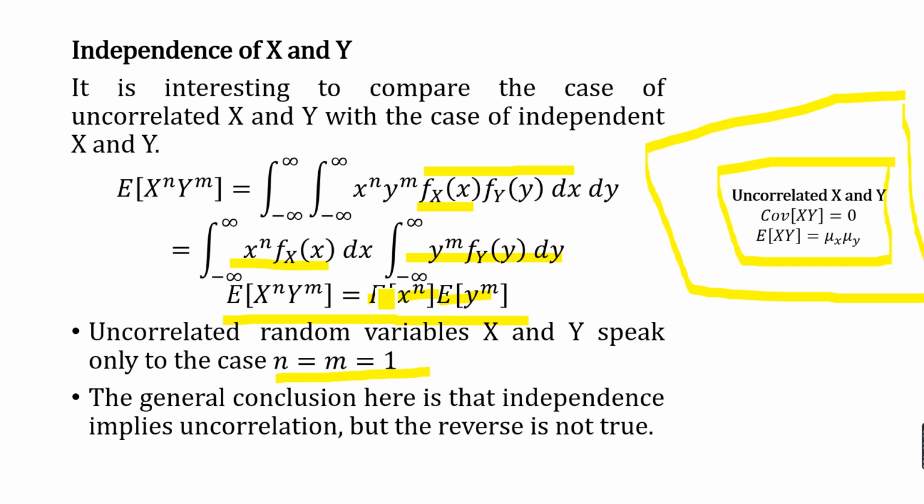If the power is 2, m equal to n equal to 2, if they are independent then you cannot say that they are uncorrelated with each other. If they are uncorrelated with each other, then definitely they are independent.